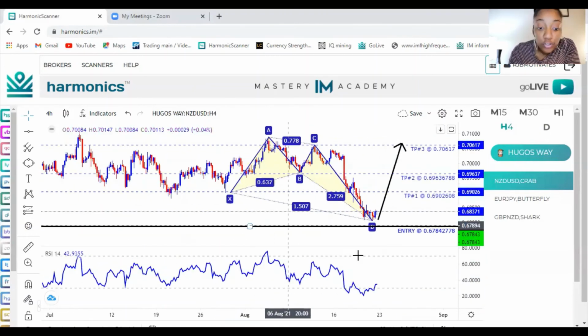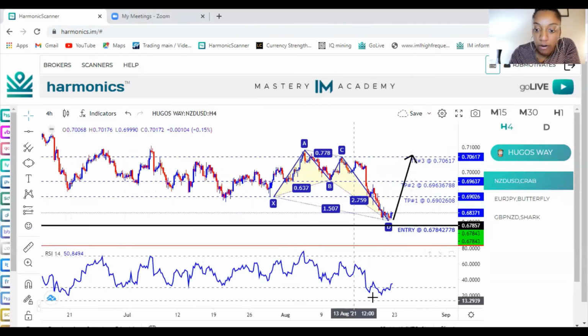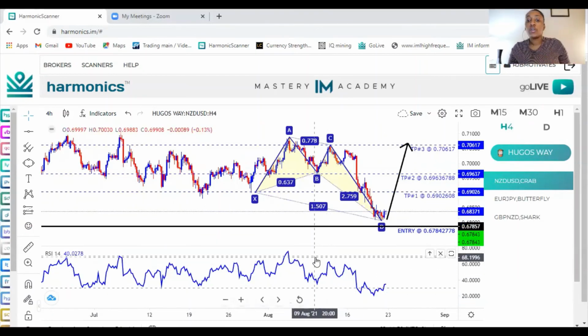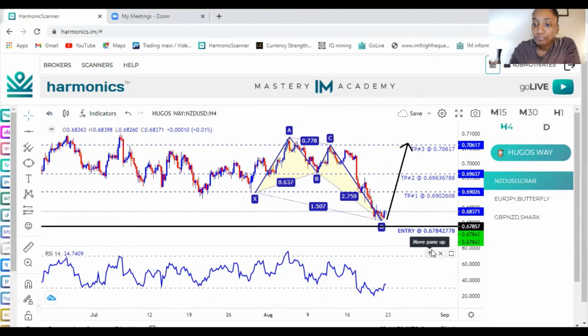You can also add indicators. I'm going to show you this, guys. This is the RSI that comes automatically with the Harmonic Scanner. And we use this indicator to confirm. Indicators are used to confirm your analysis, to confirm if the trade is going to make that move.